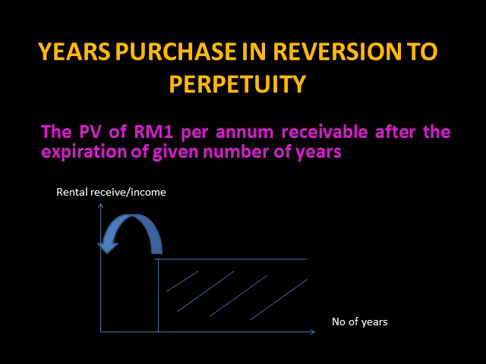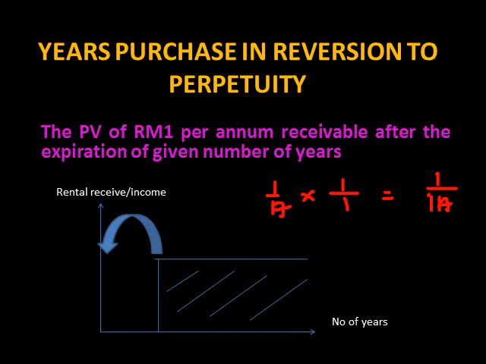So the YP reversion to perpetuity, or YP deferred, is a combination of PV with YP in perpetuity, 1 over I with 1 over A. These two, if you combine them, give you 1 over IA. That's the formula for YP reversion to perpetuity.